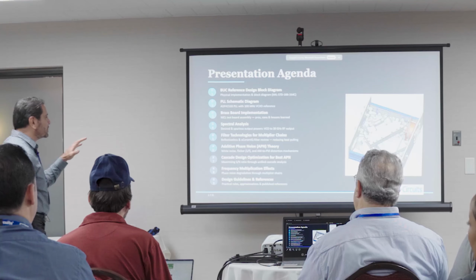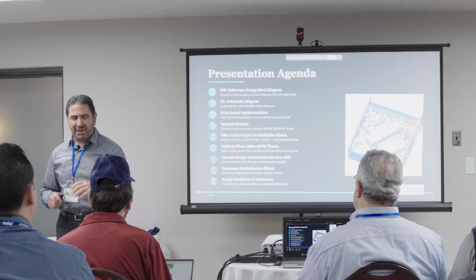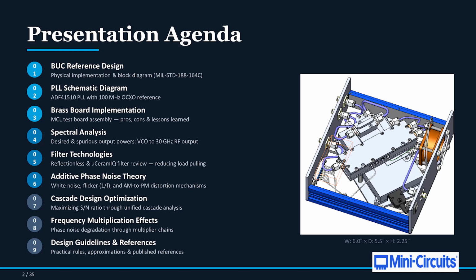So I'll start out. I'll just talk briefly about the block reference design, the block diagram. We're not going to spend a lot of time there. I want to talk about the phase lock loop schematic a little bit more, because a lot of the effects that you're going to see are hidden a lot of times under the noise of the PLL. So a lot of what you're seeing, you may say, I've done this 100 times, I've never seen it.